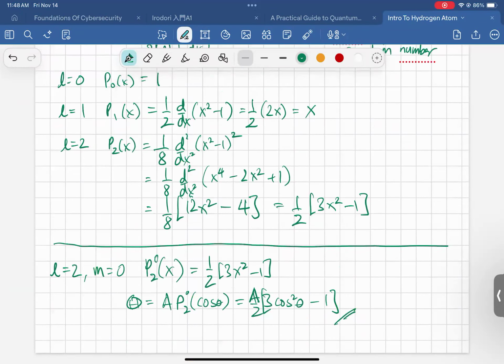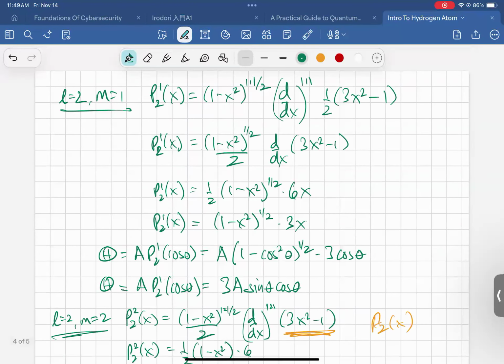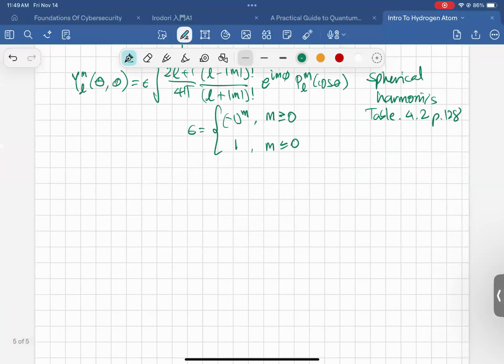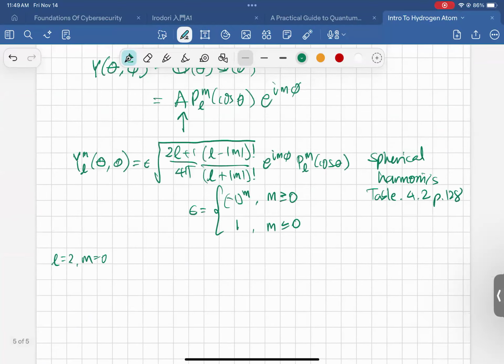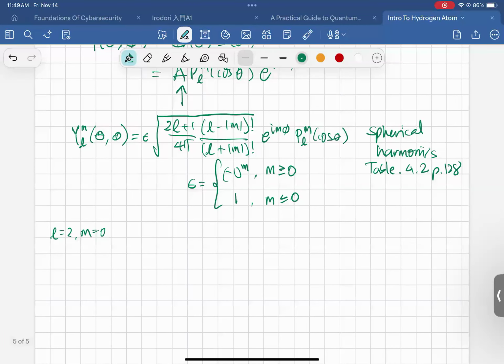Since na-solve naman na natin yun. So L equals 2, M equals 0. So A over 2, 3 cosine squared theta minus 1. Okay, so L equals 2, M equals 0. So M dito is 0, so automatically yung epsilon is already 1.